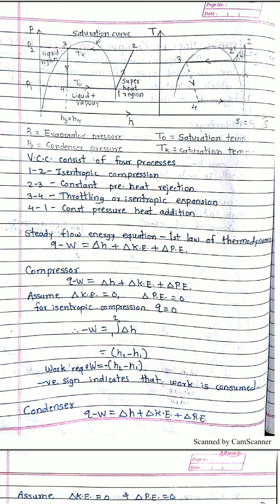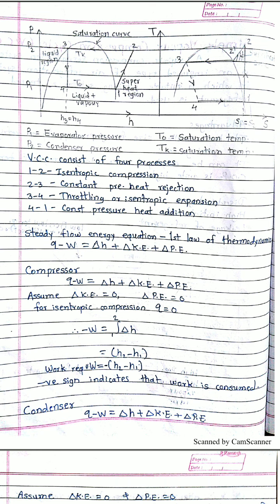Therefore, if the process is isentropic, the heat transfer during this process is 0. So put all these values in the steady flow energy equation: Q is equal to 0, delta KE is equal to 0, and delta PE is equal to 0.